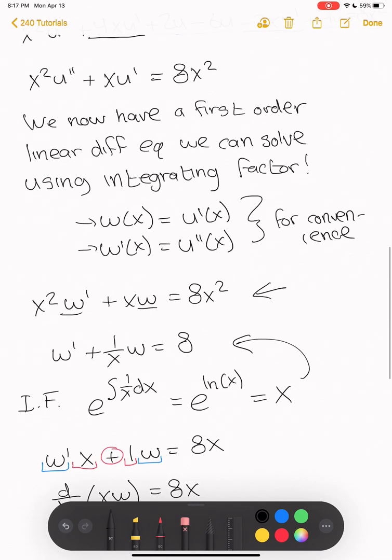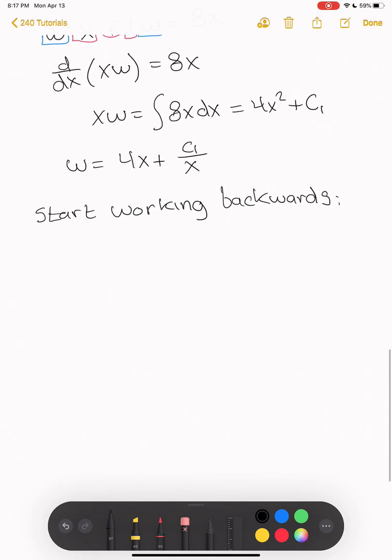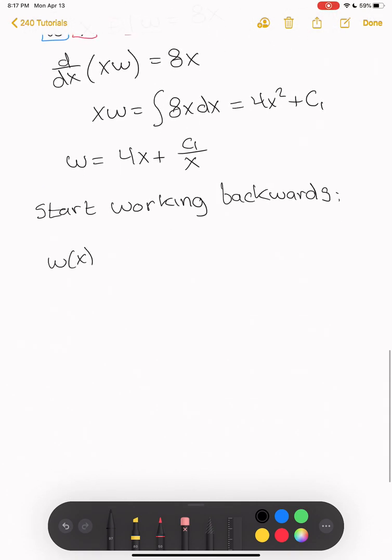So if you remember right here, we made these substitutions. So I'm going to use this one here. W of x was u prime of x. So if I want to figure out what u is, I need to integrate w.